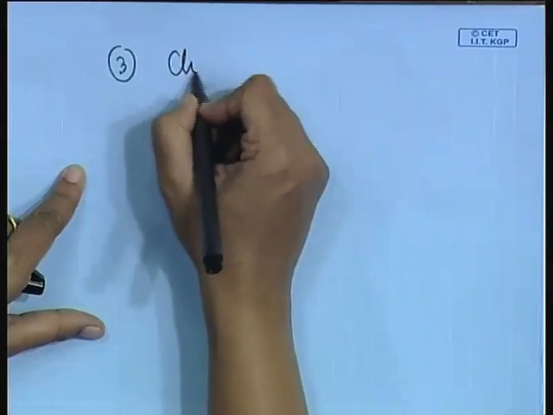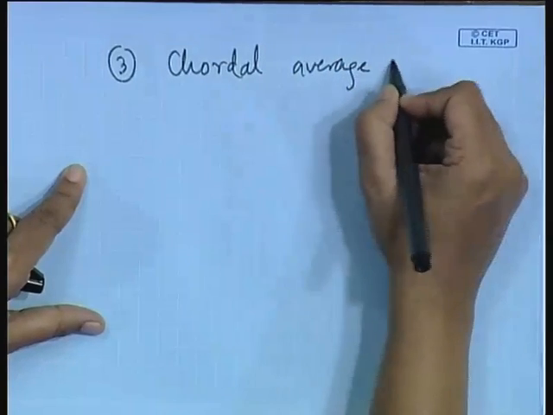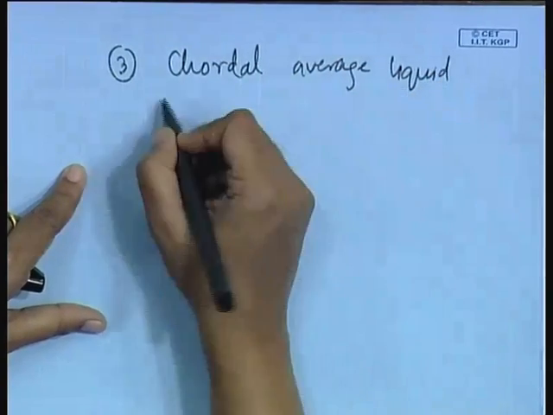Is it clear to you? So, the relationship between effective conductivity and void fraction will depend upon the flow distribution. Then finding out the effective conductivity is also not very straightforward. Therefore, area average is also not very easily done. And as a result, apart from volume average and area average, the next definition I would like to define is the chordal average void fraction or the chordal average liquid holdup.